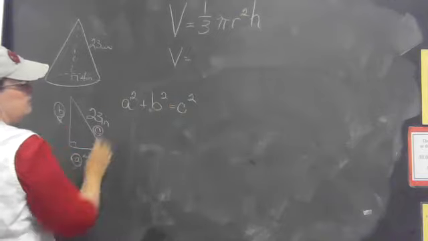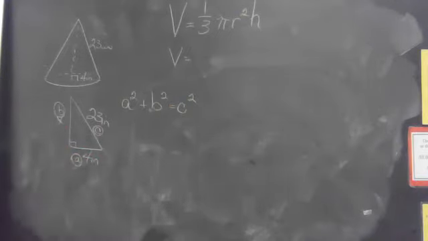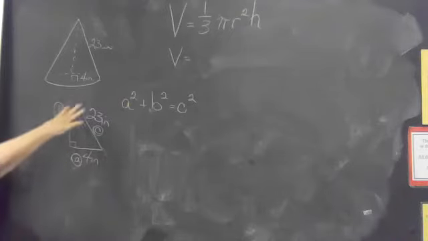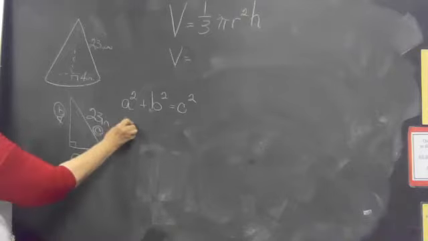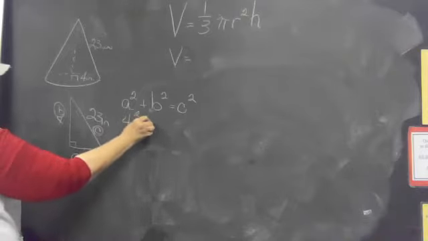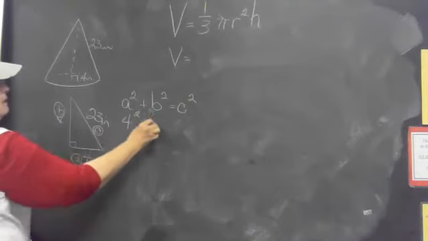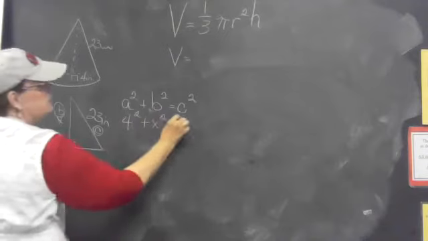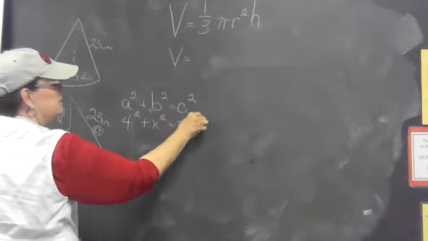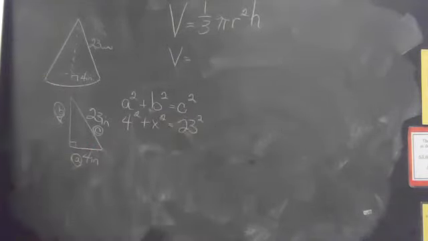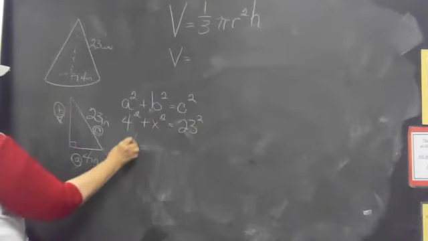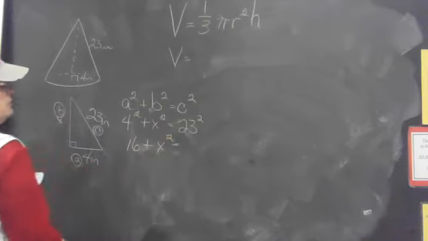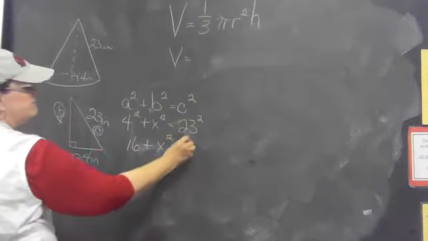Remember, this Pythagorean theorem only works with a right triangle. Okay? Here's a right triangle. We're going to plug in now. Our A is 4. We have 4 squared plus X squared equals 23 squared. Moving on down, let's do the squaring first. 16 plus X squared equals, we just had that one, 529.